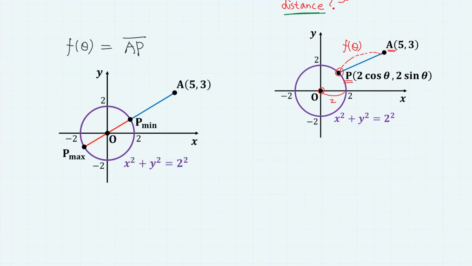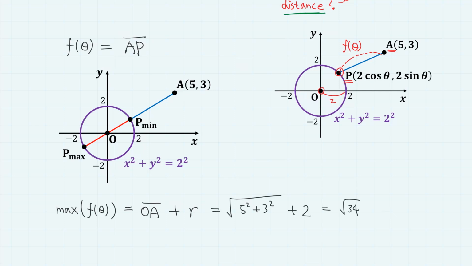And the maximization and the minimization on a circle is easy. The maximum value of distance AP is the distance between point A and the center of the circle O plus the radius R. So it is square root of 5 squared plus 3 squared plus 2, which is square root of 34 plus 2.